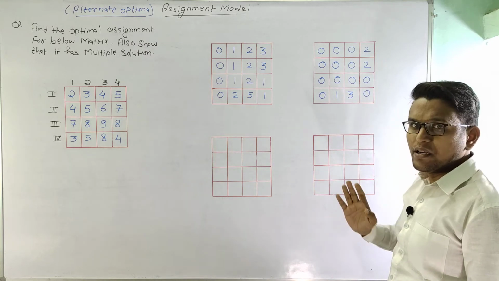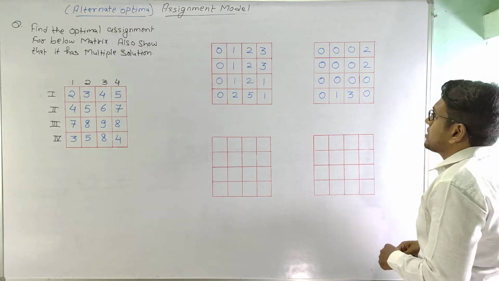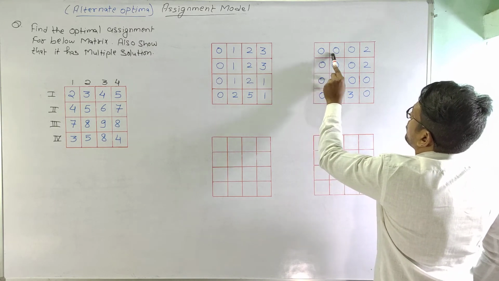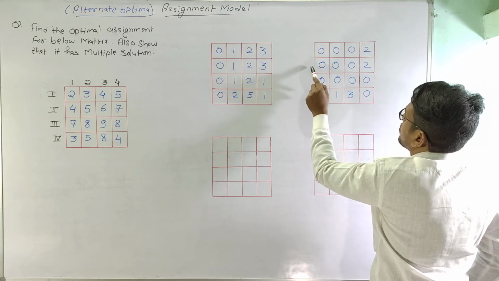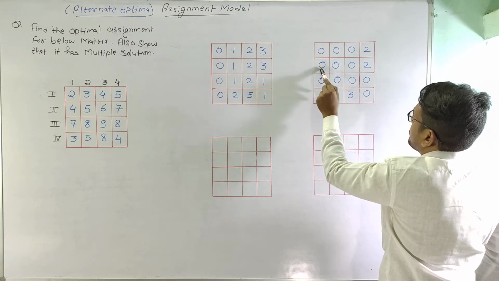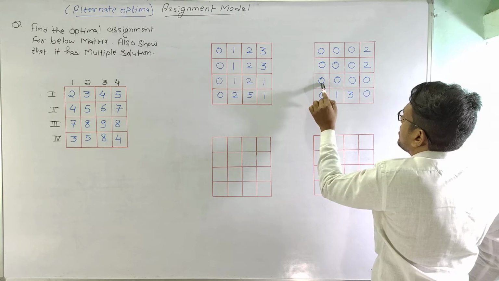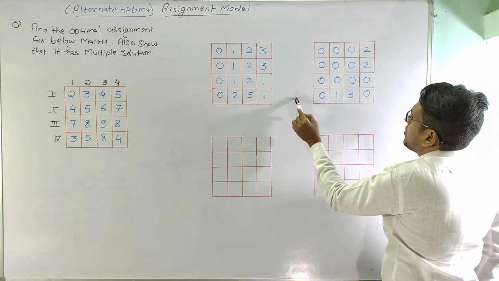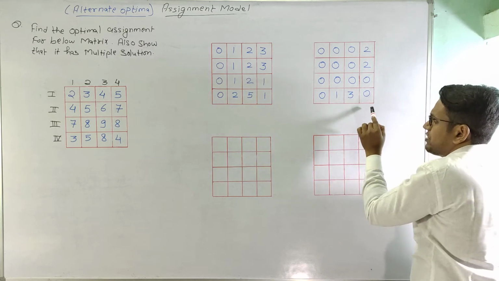Similar is the case with columns. So let us see. If we move from row 1, we can see that it has more than one zero, so we will skip. Rows 2, 3 and 4 also have more than one zero, so again we will skip.